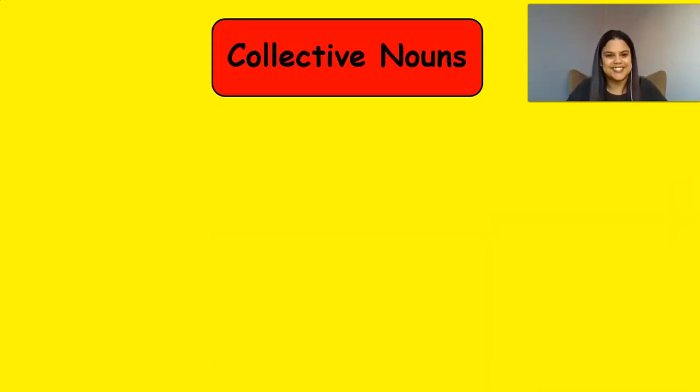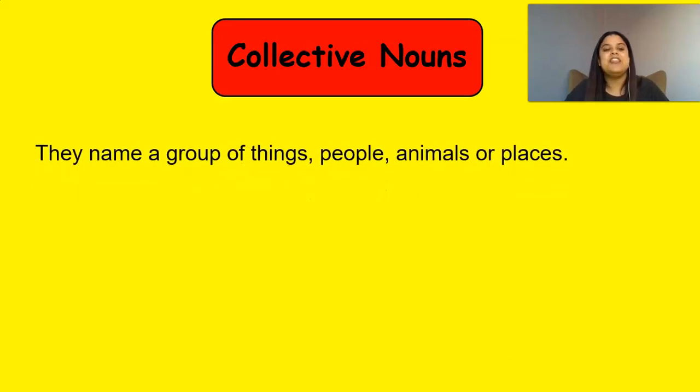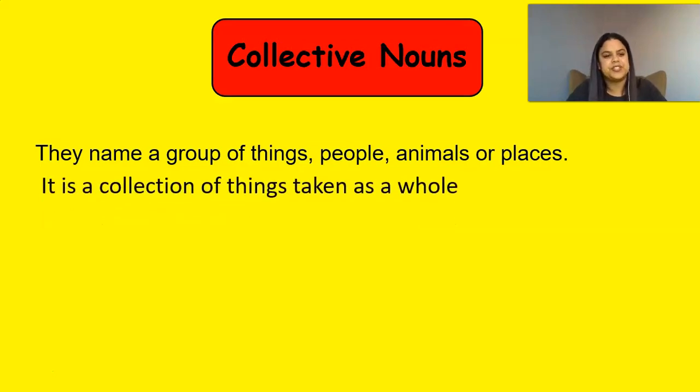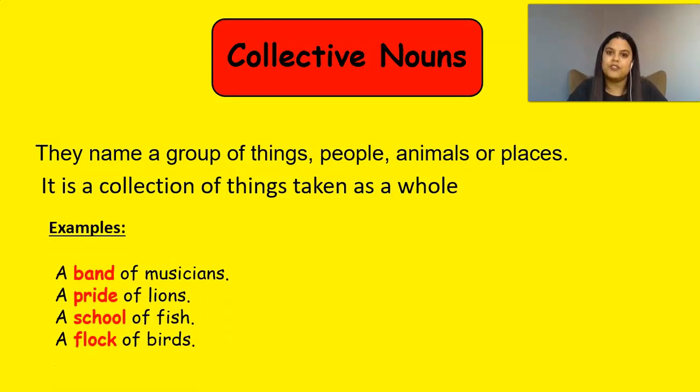Collective nouns. They name a group of things, people, animals, or places. It is a collection of things taken as a whole. For example, a band of musicians, a pride of lions, a school of fish, a flock of birds.